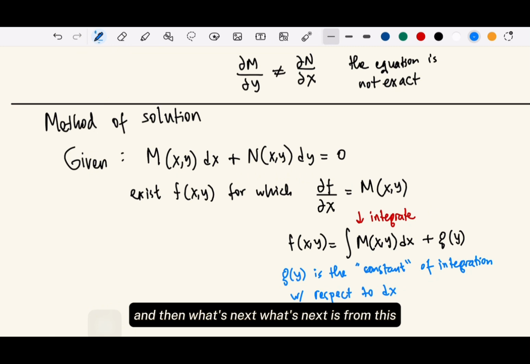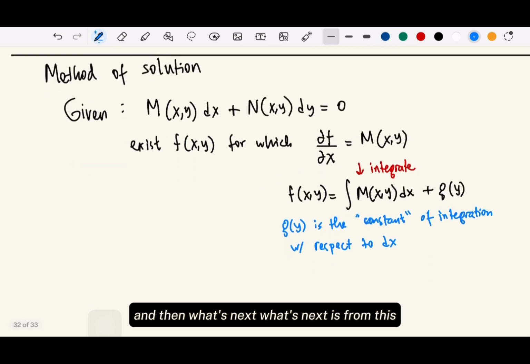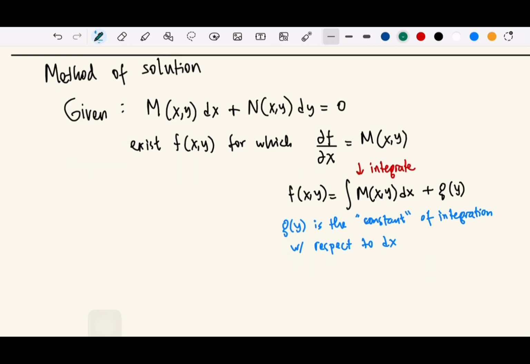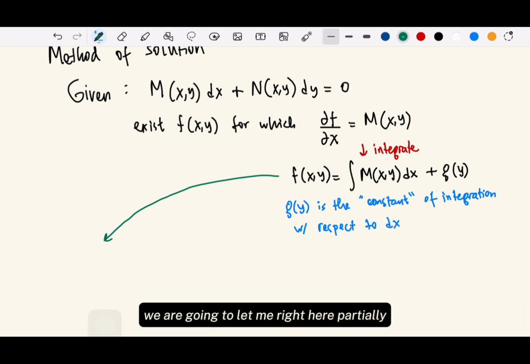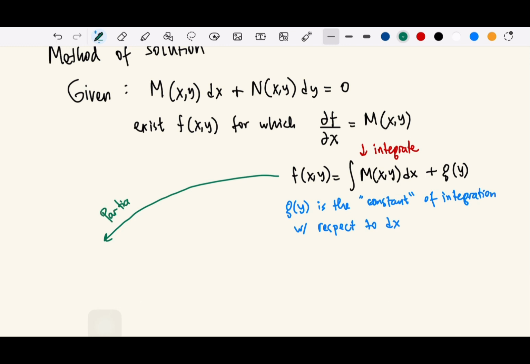And then what's next? From this supposed f, we are going to partially derive with respect to y.